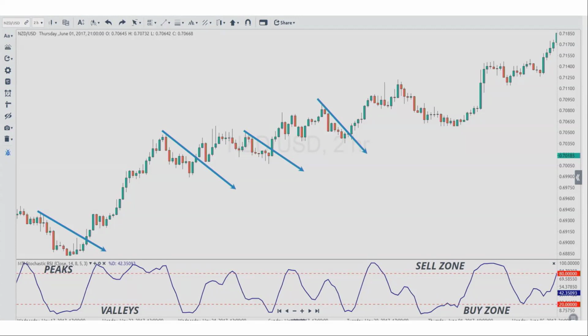You look for the high or you look for the low. You see each of these counter trend lines kind of align with a stochastic level.